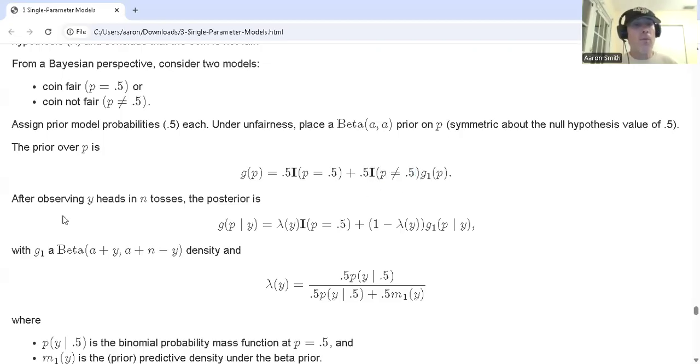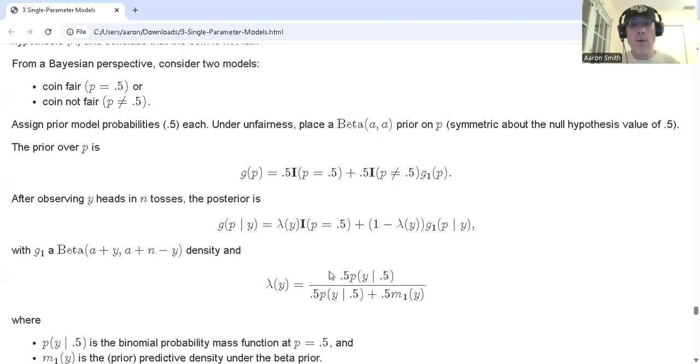Okay. So after observing y heads and n tosses, the posterior is going to be this value, where g1 is Beta(a plus y, a plus n minus y). So I've got my prior distribution, but then with the conjugate prior, I observe my data and I update the distribution.